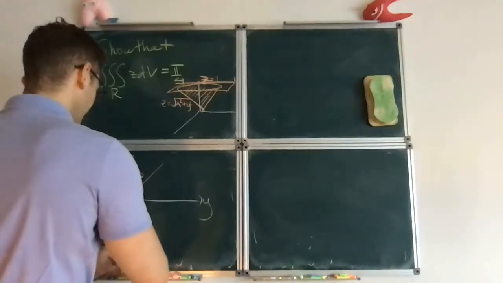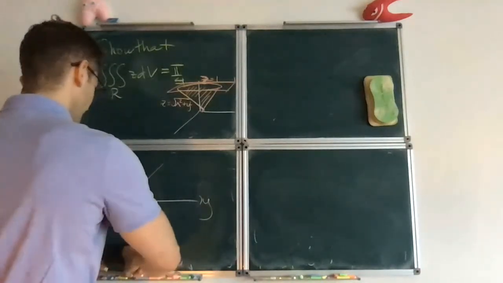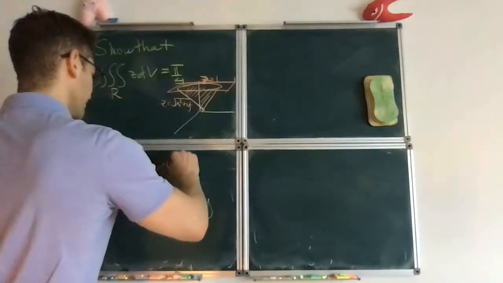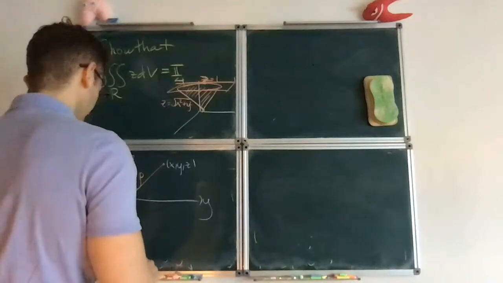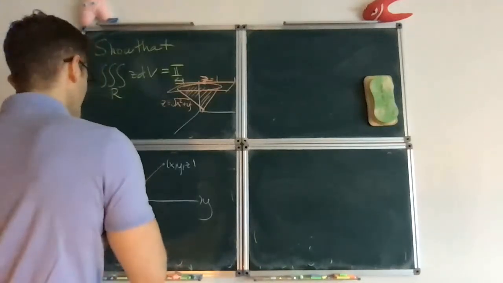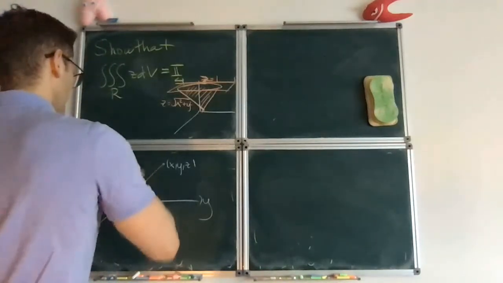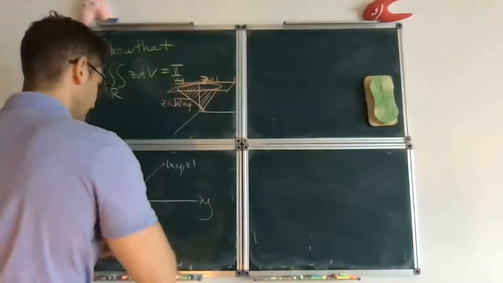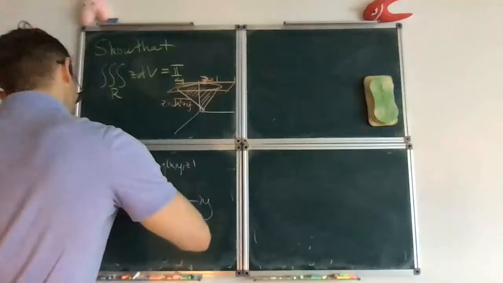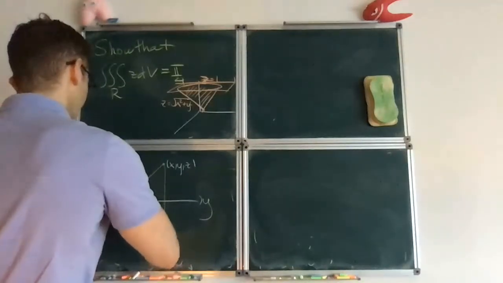So they're specified by the distance from the origin, which is rho, and then this angle that I'm calling phi, and the other angle, which is theta, the same theta as before.